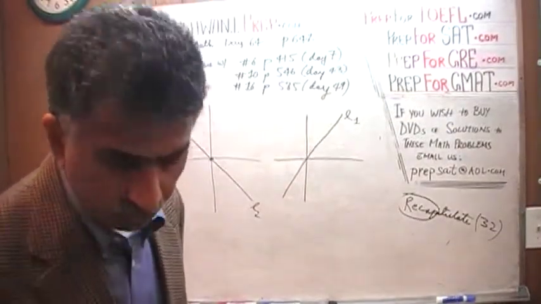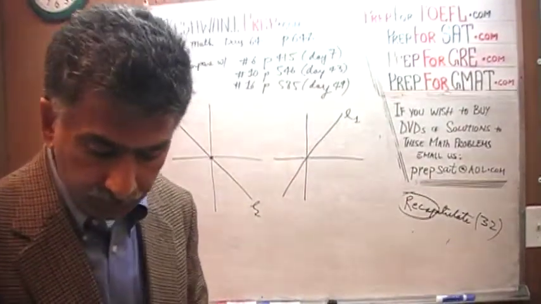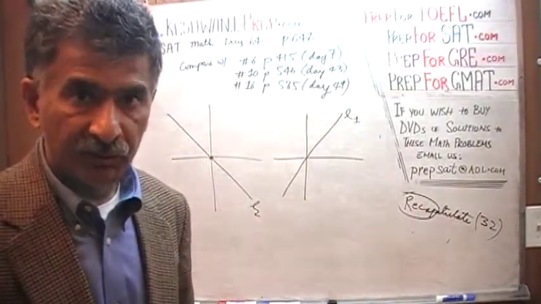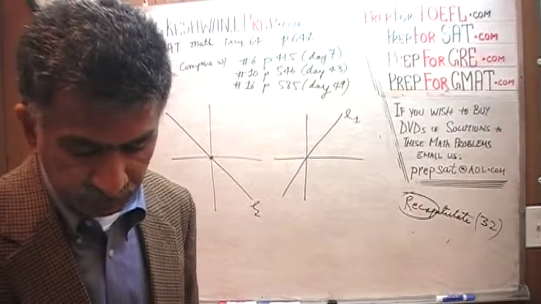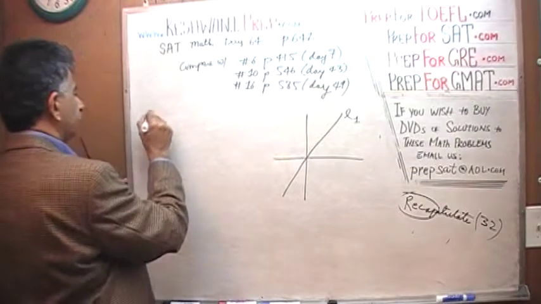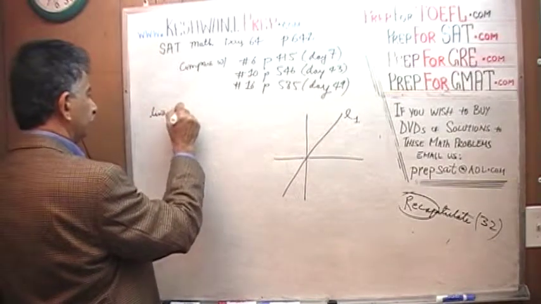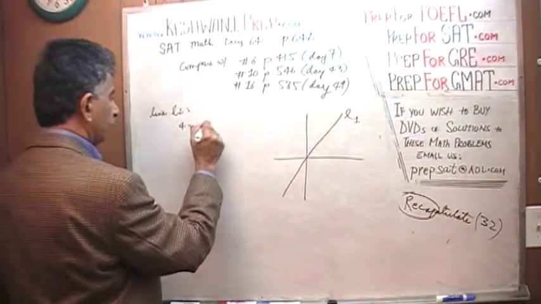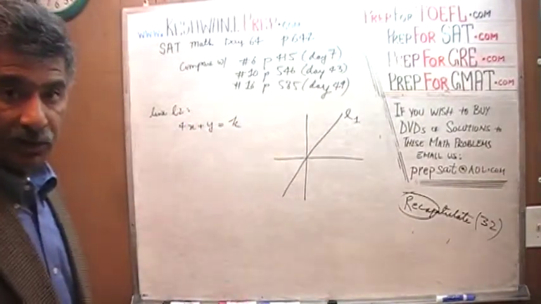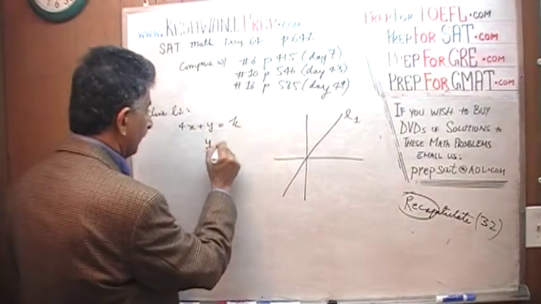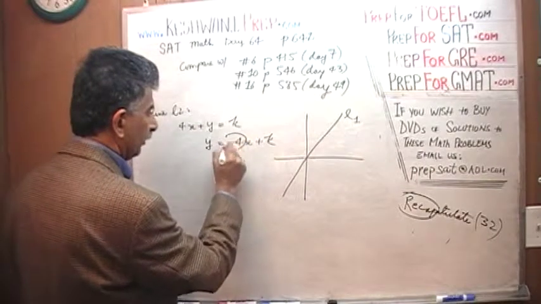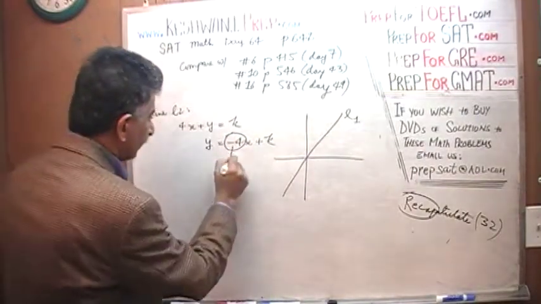And it is perpendicular to another line, which we're going to call line L2, and they give us an equation of line L2, which is 4x plus y equals k. So here's our line L2. We have to write this equation in slope-intercept form, which is y equals negative 4x plus k. The coefficient of x tells us the slope of the line.